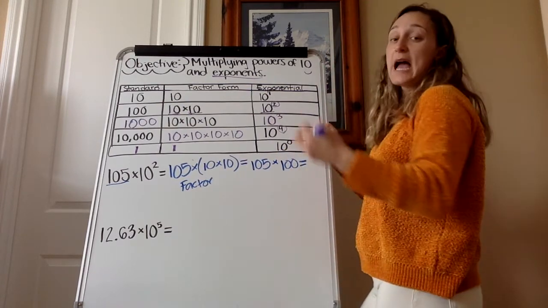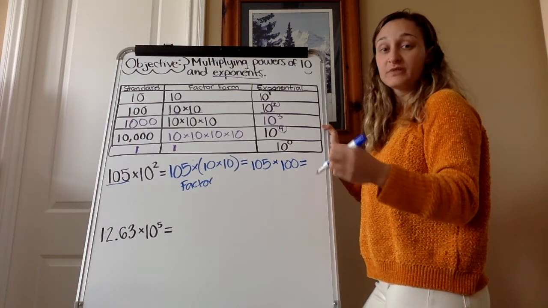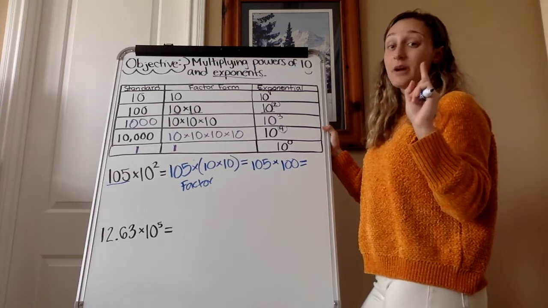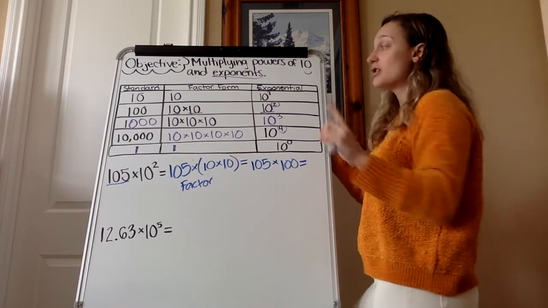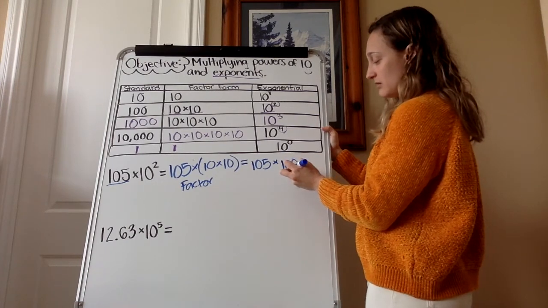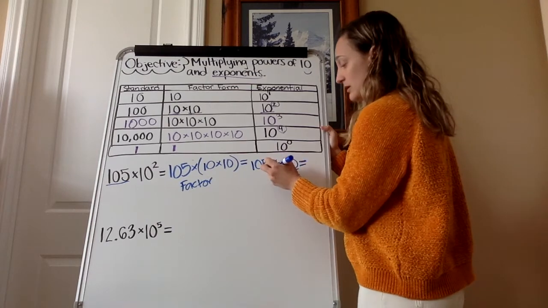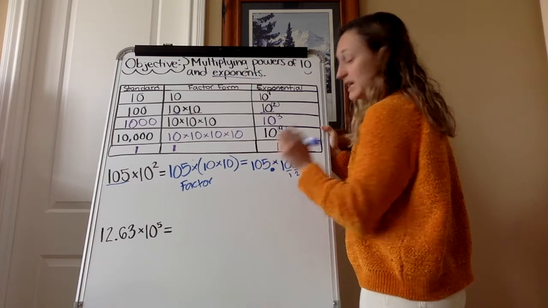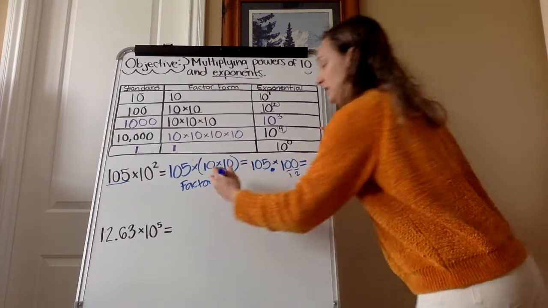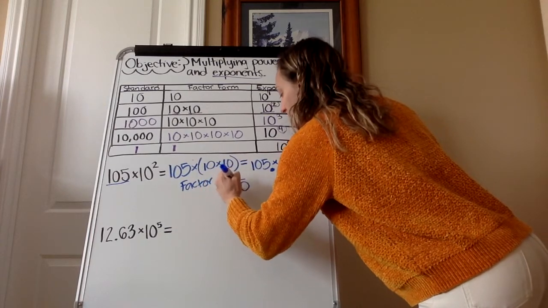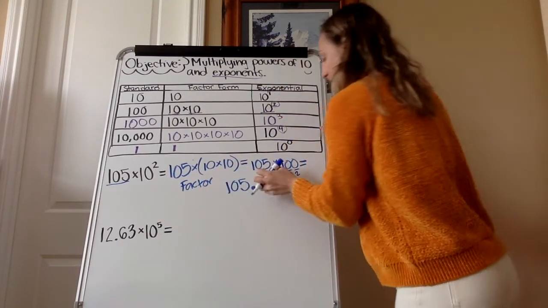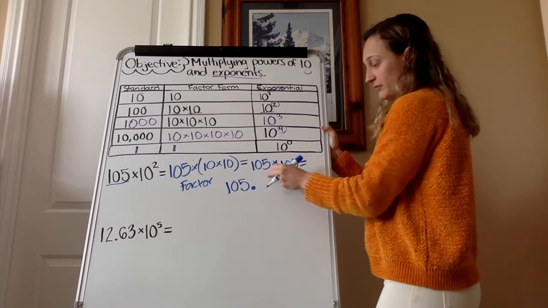Now my job is to actually solve it. So if we remember, multiplying by 10, all you have to do is count the amount of zeros you have, 1, 2, and move your decimal place, which if we can't see it, I'll write this again down here. If we can't see it, it's at the end of a number, right?